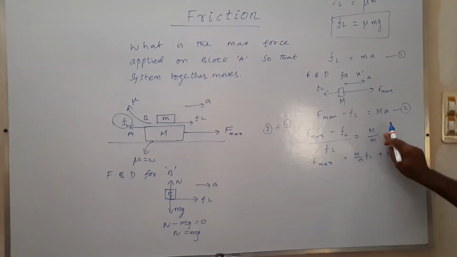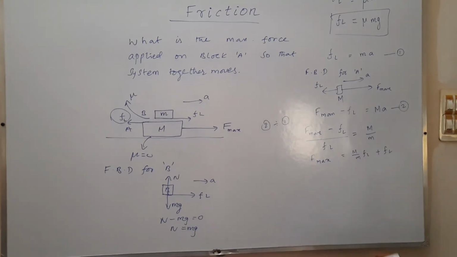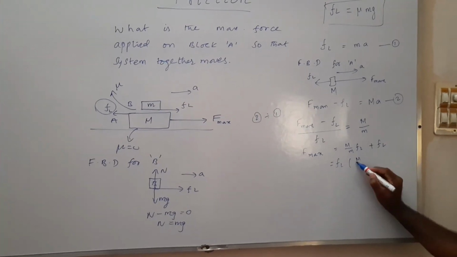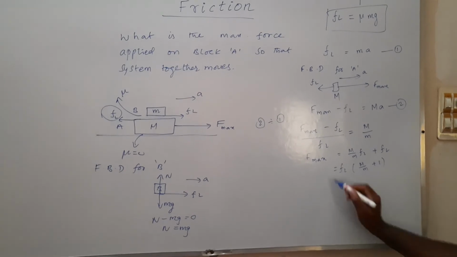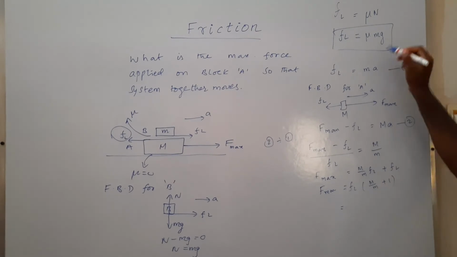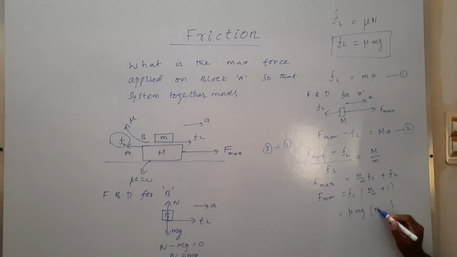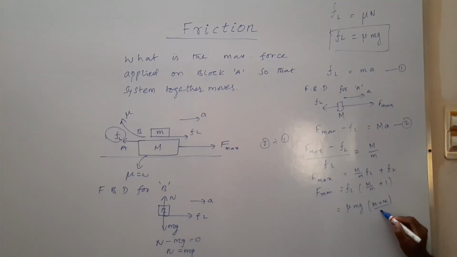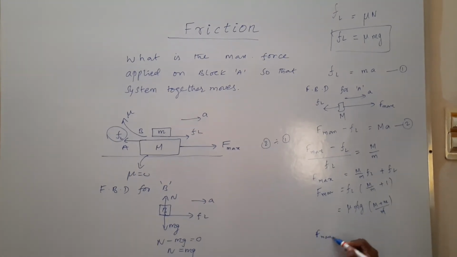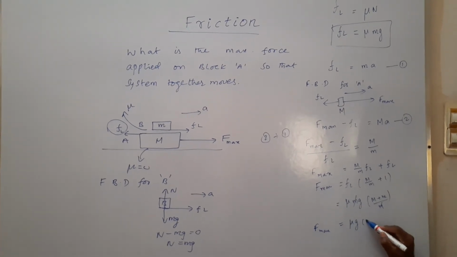Taking Fl common, F max equals Fl times (M by m plus 1). Substituting the limiting friction mu m g and taking the LCM, (M plus m) divided by small m, the small m cancels. So the maximum force applied so that the system moves together is mu g into (M plus m).